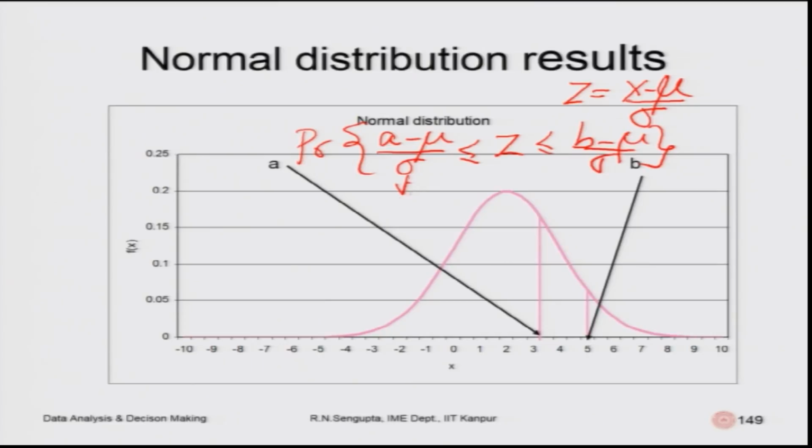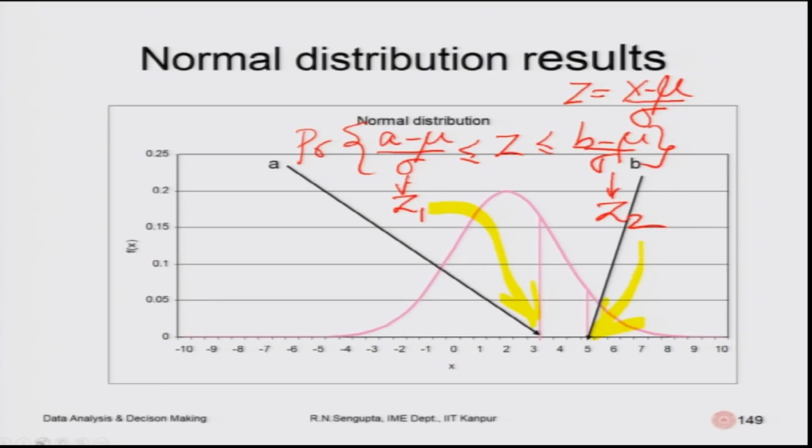This would be z 1, a realized value, and this would be z 2, a realized value. Technically, z 1 is the transformed value for a, and z 2 is the transformed value of b.